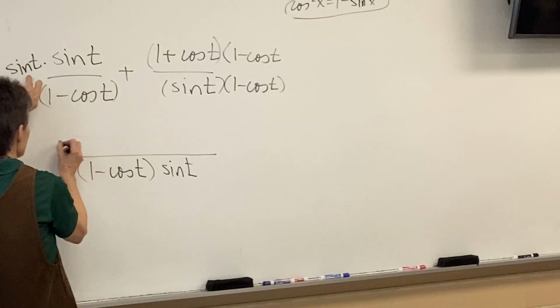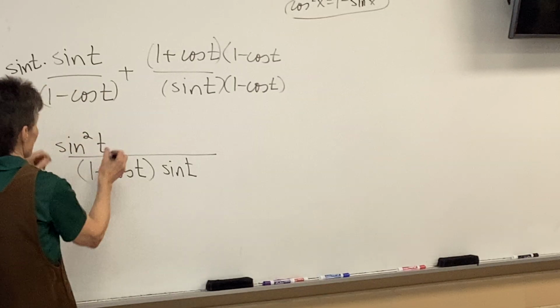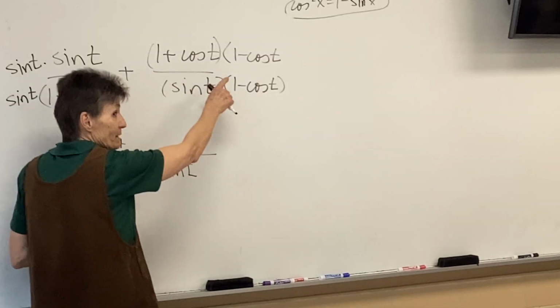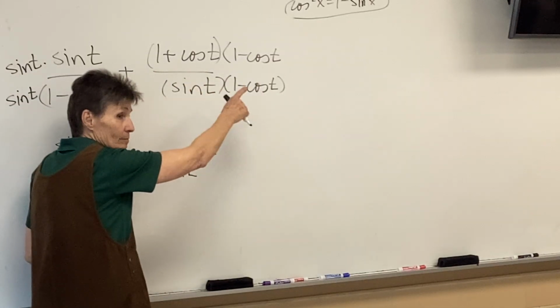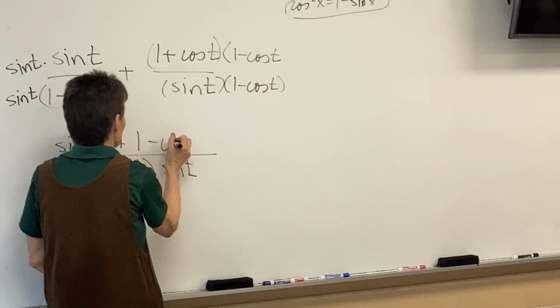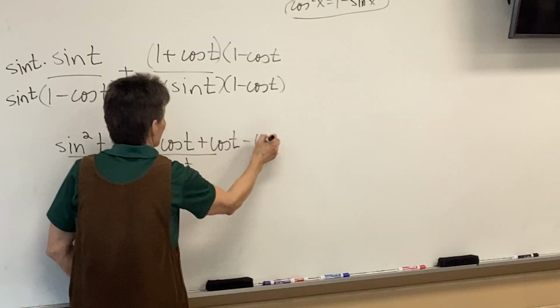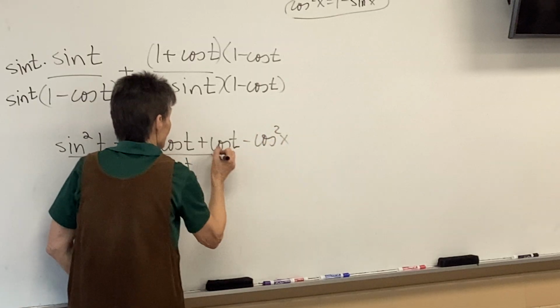So there's my denominator. Now what's my numerator? Well, that will be sine squared. And then this will be a FOIL, right? So 1 minus cosine plus cosine minus cosine squared.